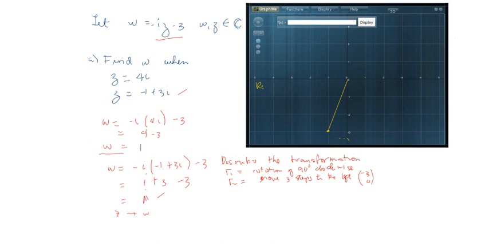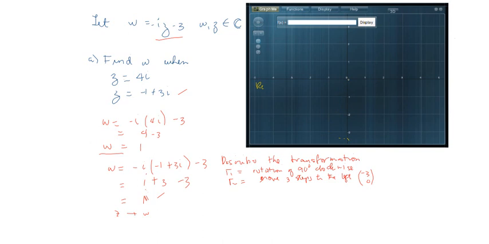So this is i. So it has been transformed into i. Where is that then? Sorry, my graph is wrong. My mistake.